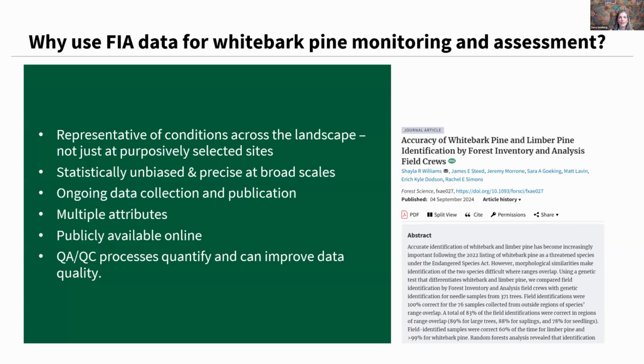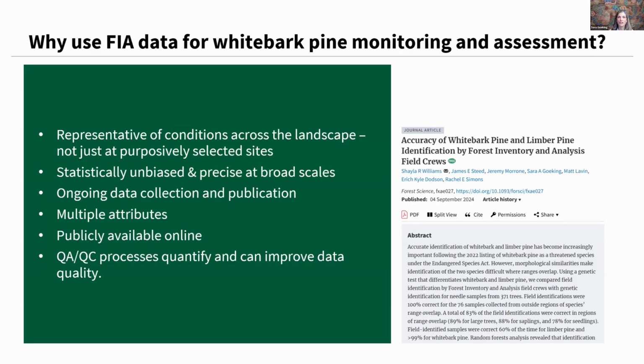Last but not least, FIA does a lot of quality assurance and quality control to not only quantify, but also improve data quality. And just briefly, I want to draw your attention to the paper on the right. It's in Forest Science. It came out this past September, and it's an example of how FIA has quantified and recommended improvements for data quality in the RMRS states.